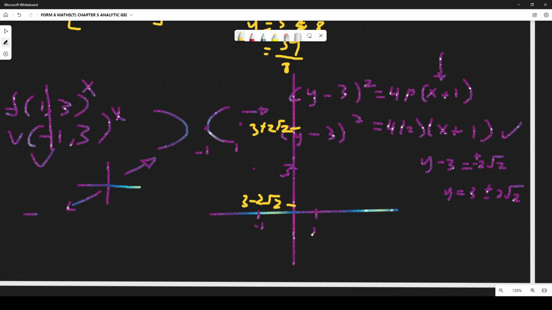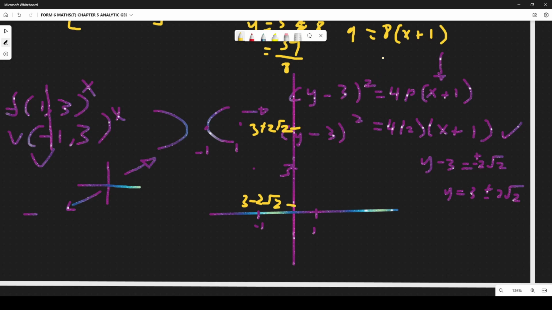Where will we intercept? Find the x-intercept. How do you find the x-intercept? When y equals 0. So y equals 0, negative 3 squared is 9. That's going to be 9 equals 4 times 2, 8, x plus 1. So how will it look?